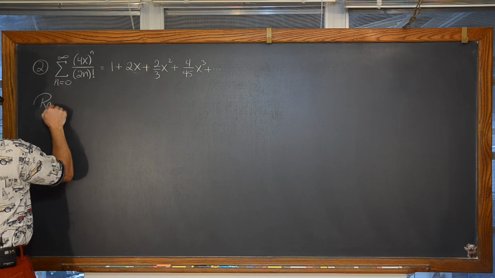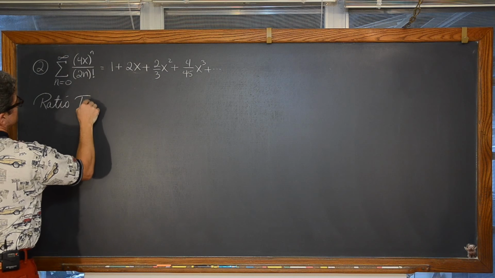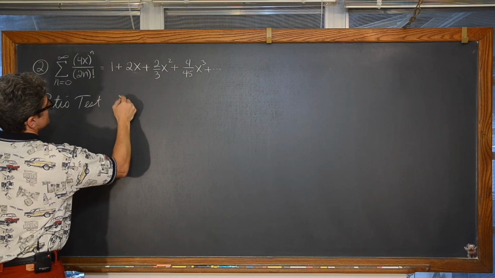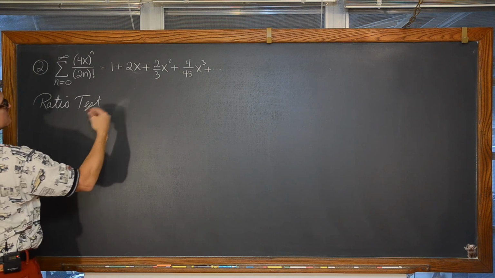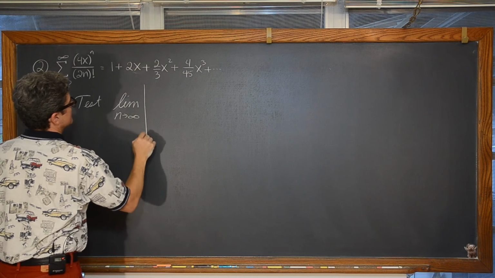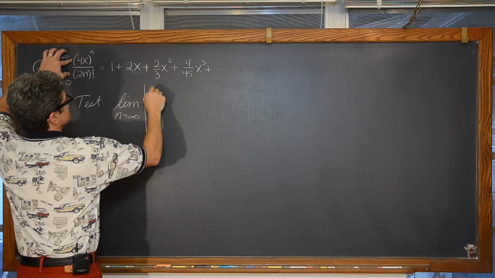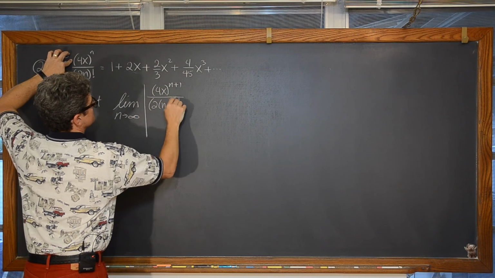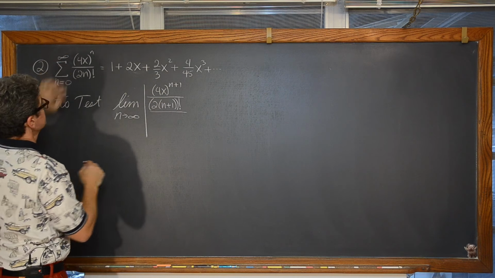And by the ratio test, we have the limit as n goes to infinity of a sub n plus 1 over a sub n.